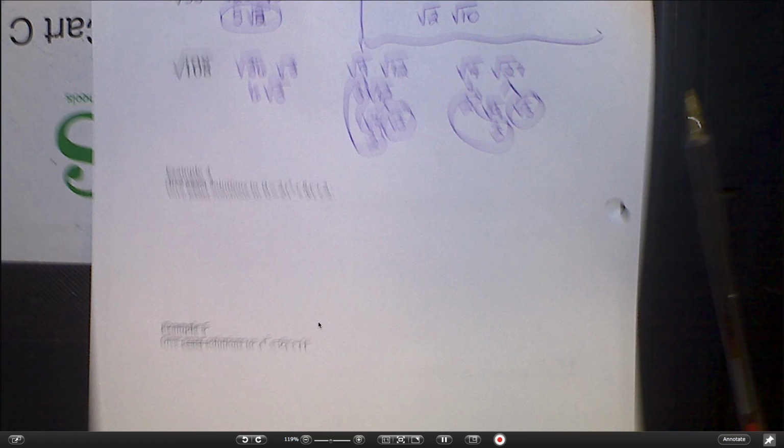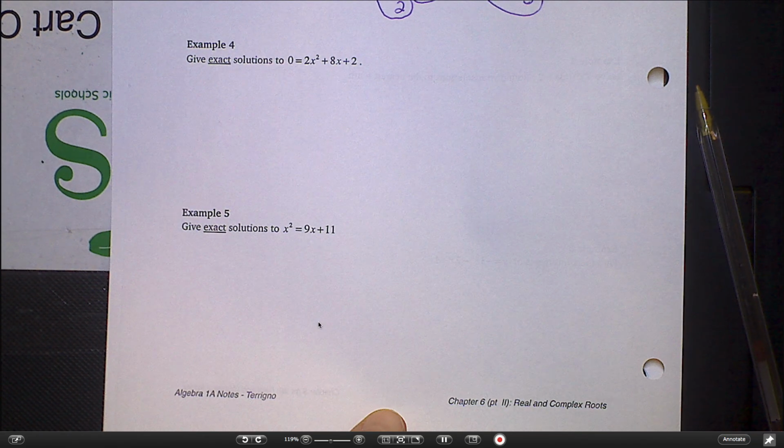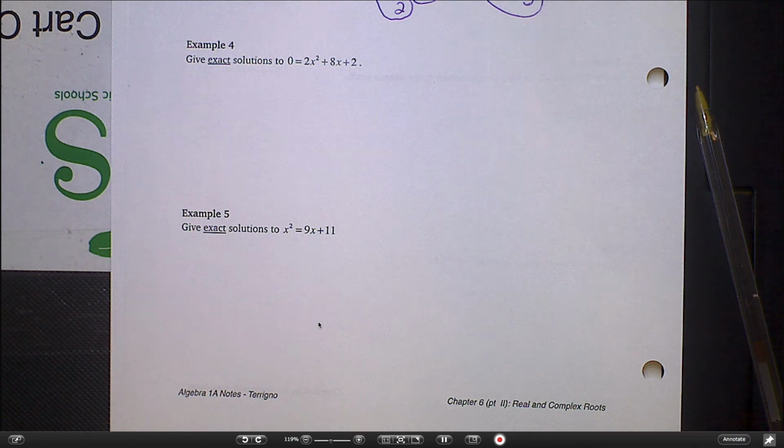You'll notice that here in example 4, it says give exact solutions to this equation. Now, the fact that it's asking for solutions tells me that I'm using the quadratic formula. But the fact that it says exact means I don't want to throw messy decimals out as my answer. We're going to do some reducing of radicals here.